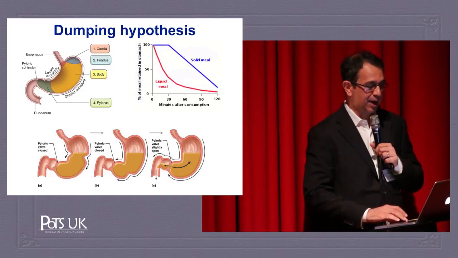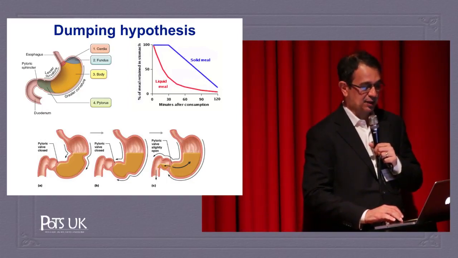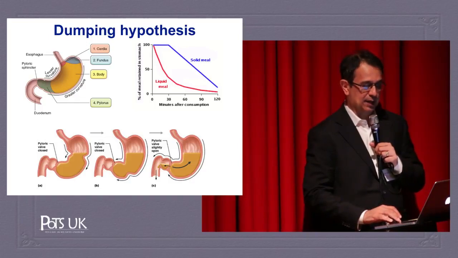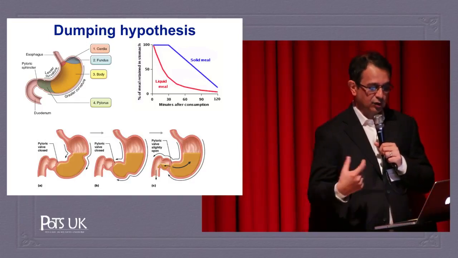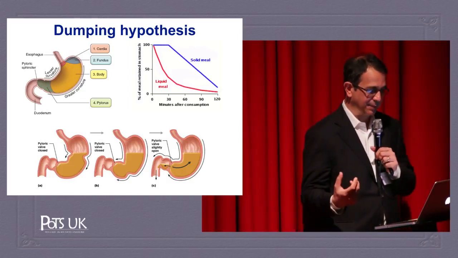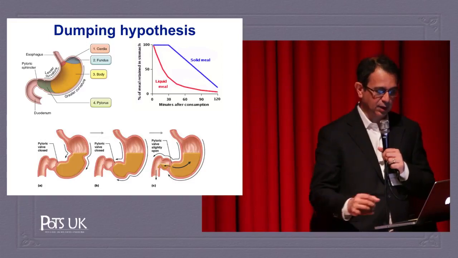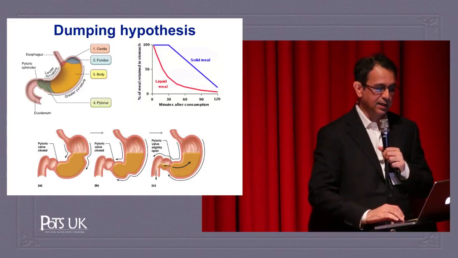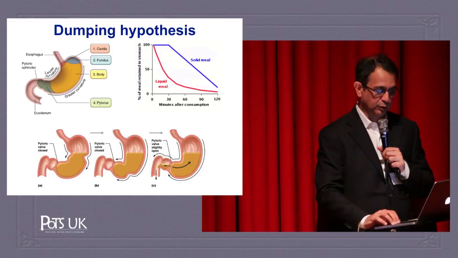For liquids, it's much more rapid. The emptying starts pretty much straight away, and then can carry on for a bit longer. So you would imagine that somebody who has rapid gastric emptying may be dumping down the food very quickly, usually liquids, but also solids as well.